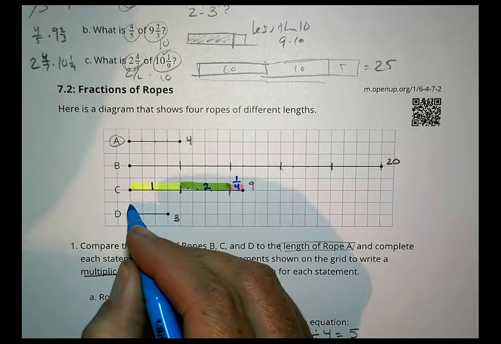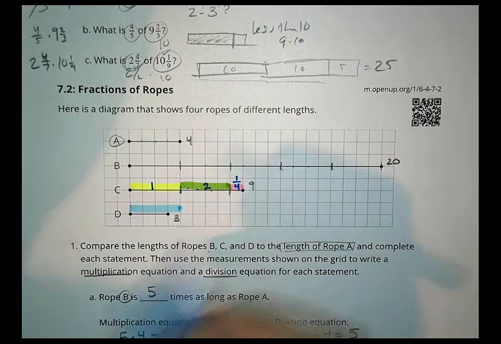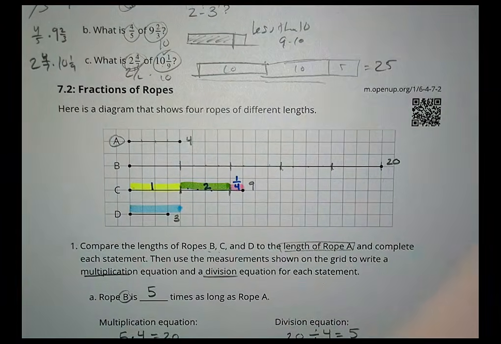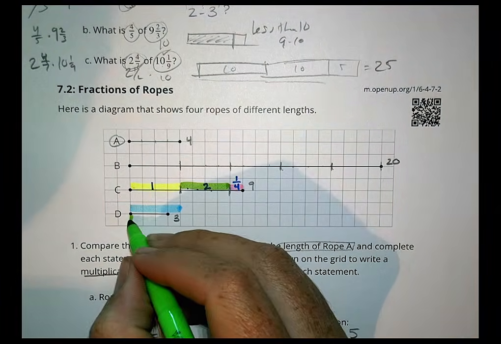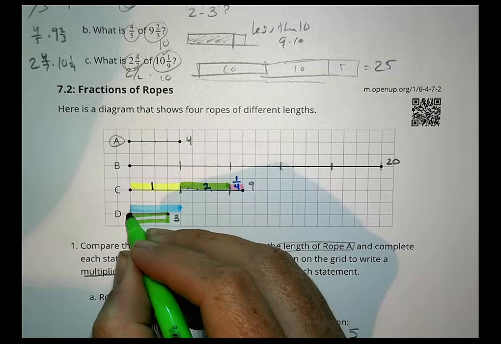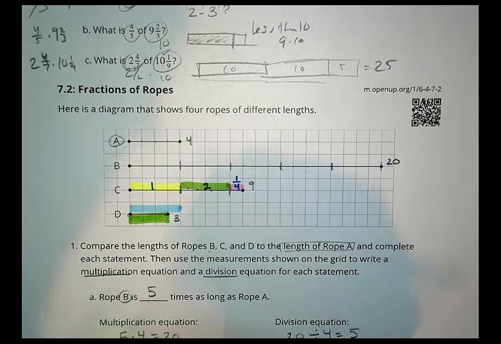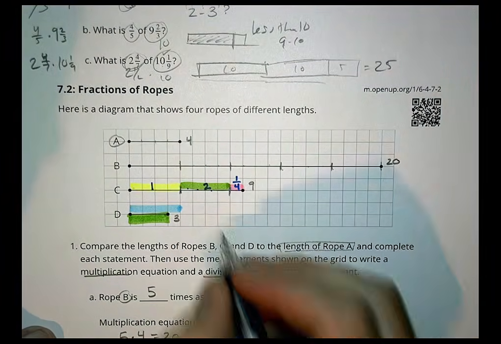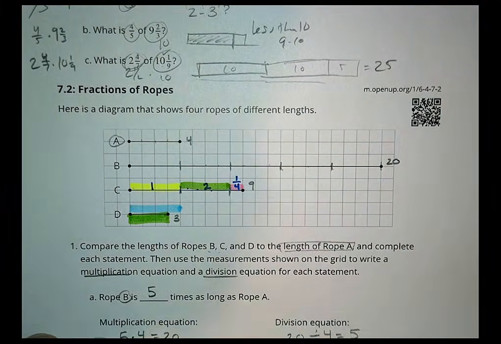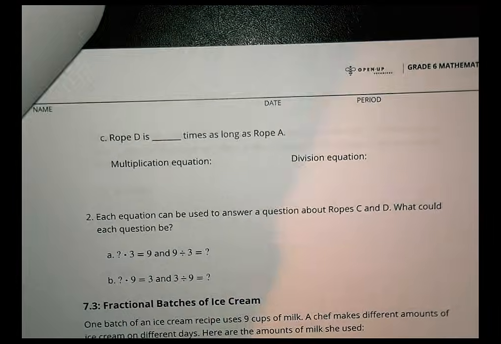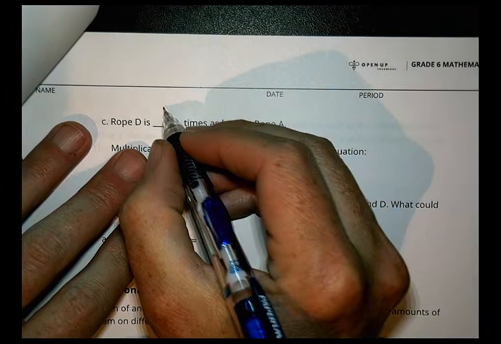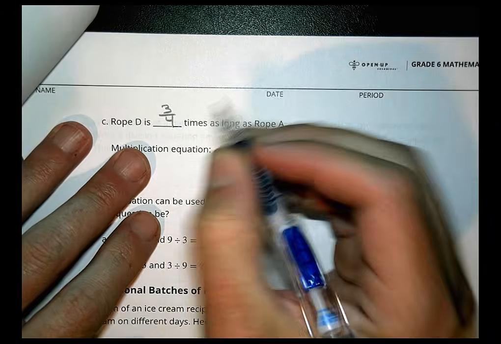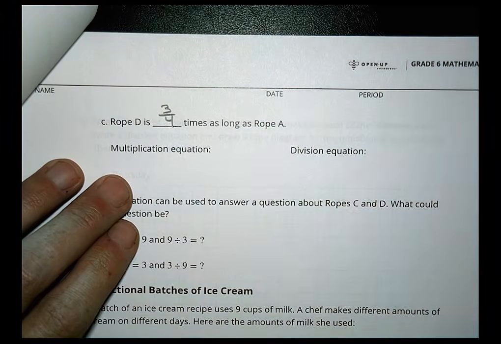So we know that A goes all the way to 4, and D happens to be 3. That means that D is 3 out of the 4 that it takes to make a whole one. So we would say that rope D is 3/4 times as long as rope A.